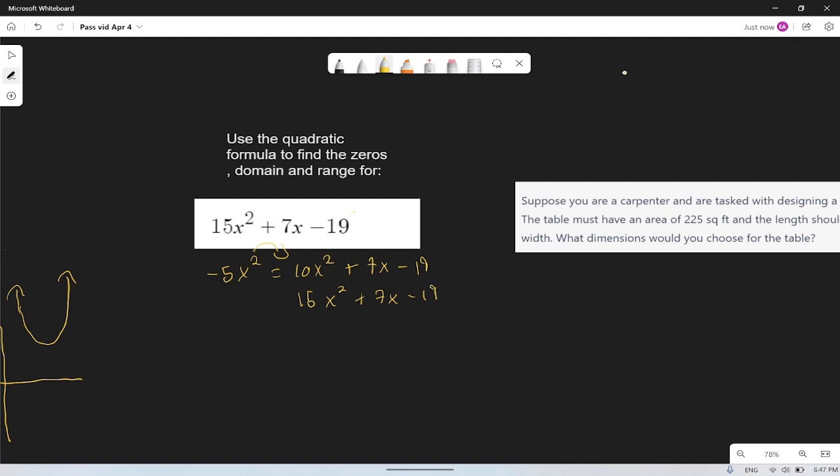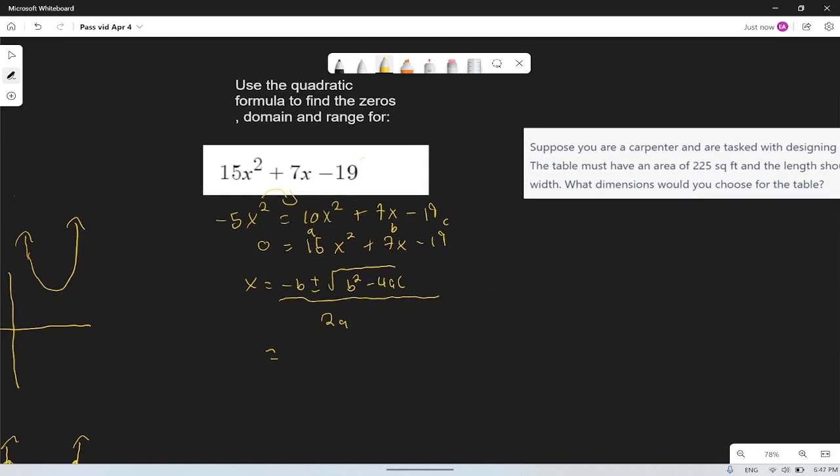What I'm trying to say is it's just important to have it in this quadratic form before you do the quadratic formula. So you have your a value, which is 15, b is 7, and c is negative 19. So x equals negative b plus or minus the square root of b squared minus 4ac all over 2a.